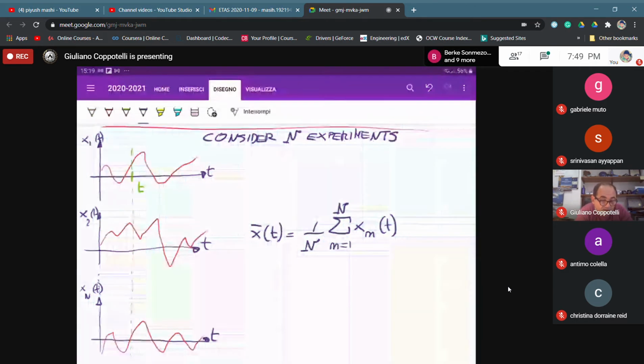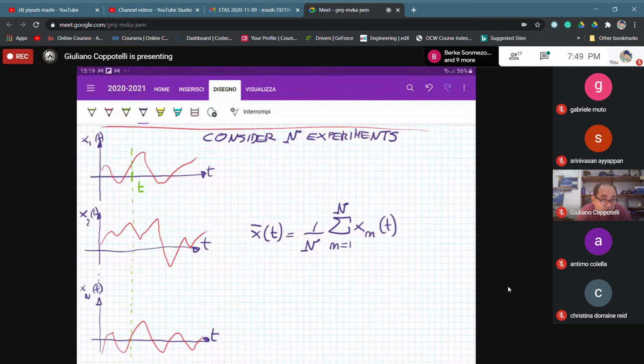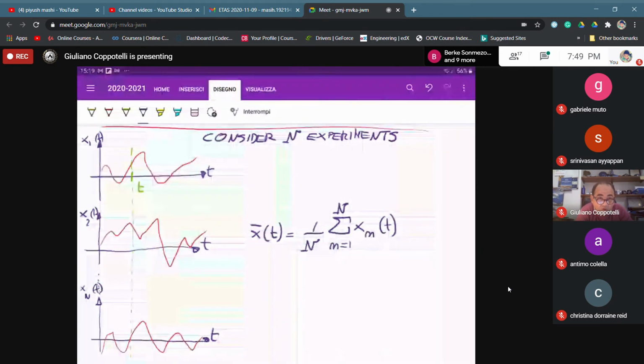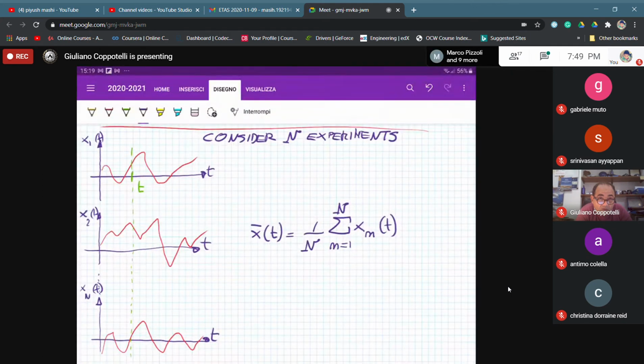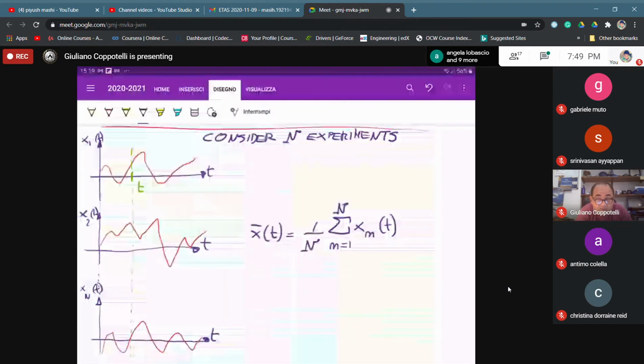For example, the acceleration in one specific point on your room floor, as time passes by. So we are taking this experiment once, and then we come back tomorrow, we retake the experiment, then we come back after 1 month, and so on and so forth. So that we have all these n experiments.